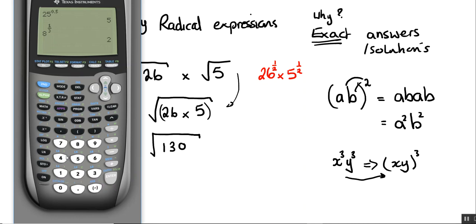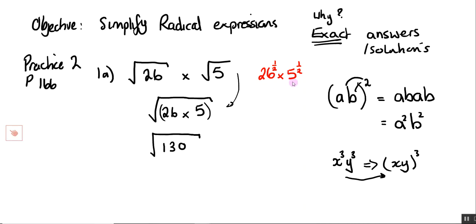All right. So when we're doing our surds, if it gets to be an issue, we could think of it as, what would we do if they were exponents? So that's like this situation now, isn't it? So what do we do? Well, if it was an exponent, we would write it as 26 times 5, all to the power of a half. And that's the equivalent of doing that, yeah?